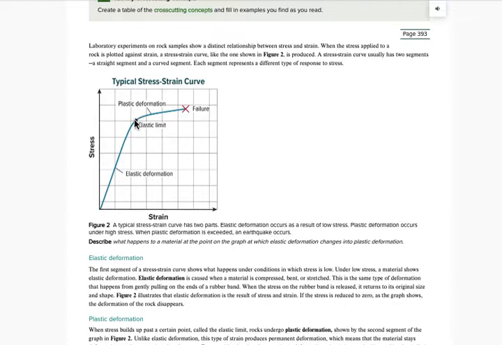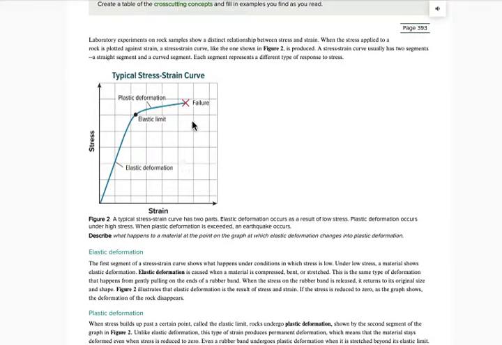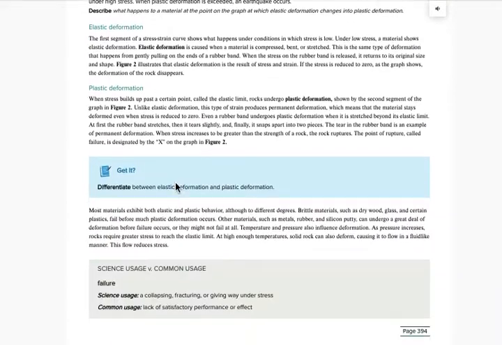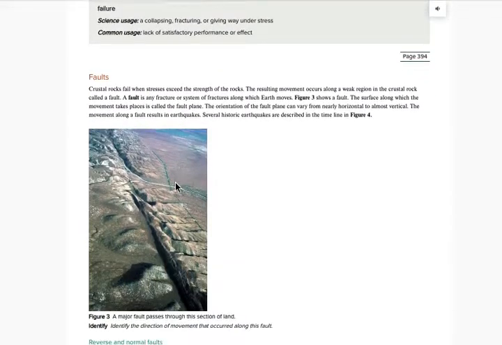But then once it gets to its limit, now you're talking about a plastic deformation, meaning the rock is permanently going to be changed in the way that it looks. And it gets to a point where there is a failure here. And a failure is basically the point that the rock ruptures or breaks permanently. And so that's called a failure. Maybe it crumbles, maybe it breaks off.